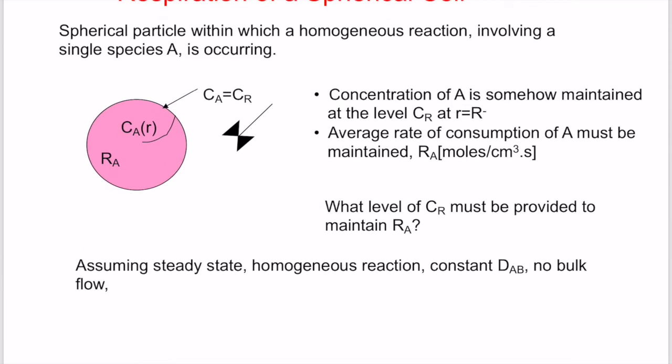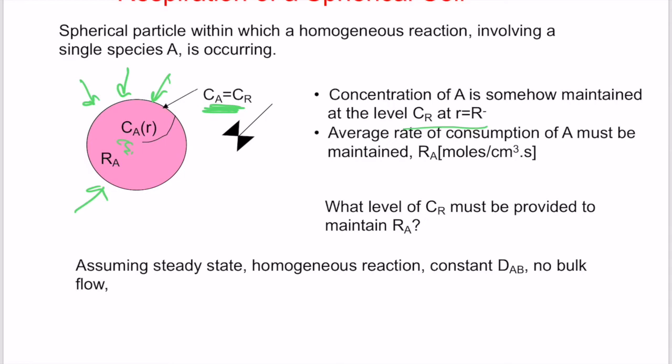Let's see. Then she talked about, once again, we're looking at a sphere, only this time we have a spherical particle with a homogeneous reaction. So something is diffusing into the sphere, and it is being reacted inside the sphere. The concentration at the surface is maintained at a constant level, as she wrote here.